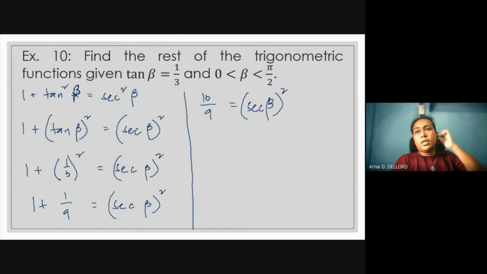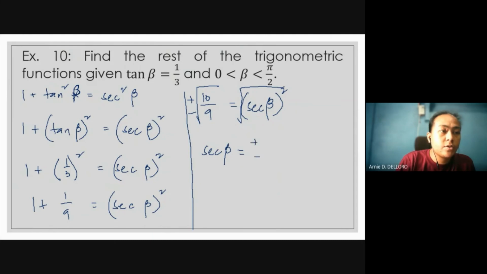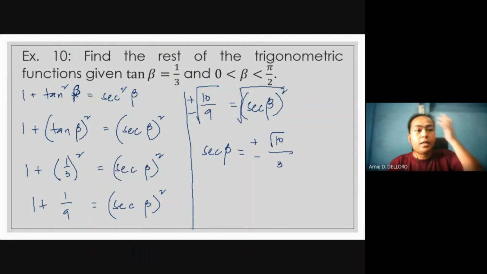Since we are looking for the 6 trigonometric functions, the secant cannot have an exponent of 2, or be squared. So what we will do is get the square root of both sides. This will give us two possible values for secant. So we have secant beta is equal to plus or minus square root of 10 over 9. The 9 is a perfect square, so our answer is square root of 10 over 3.